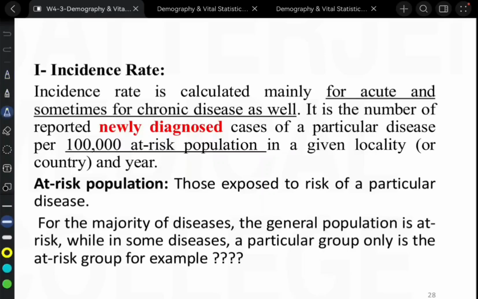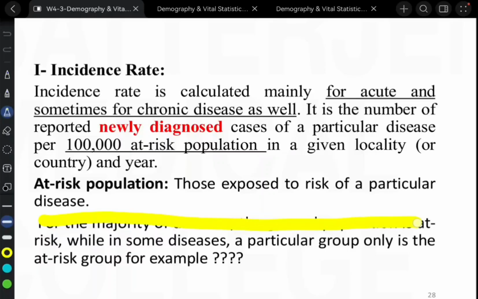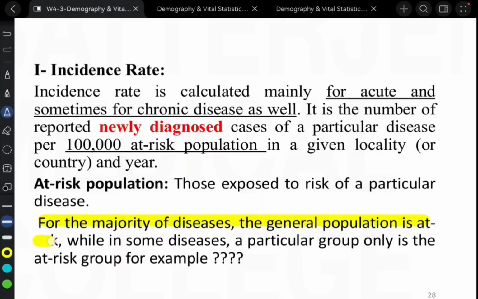What I understood here is, for the majority of diseases, the general population is at risk. So you could summarize it by saying that in most cases, if this comes as a question, it will be asking about the general public, and all will be at risk. For example, for malaria, anyone is at risk.